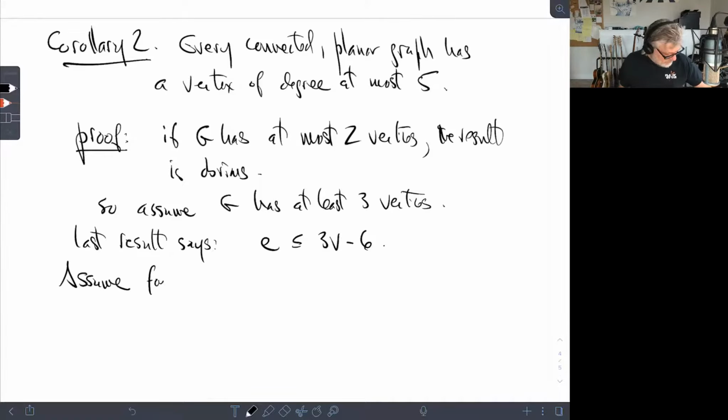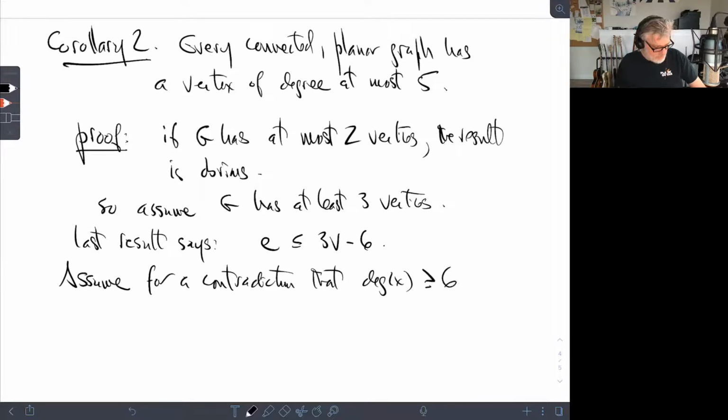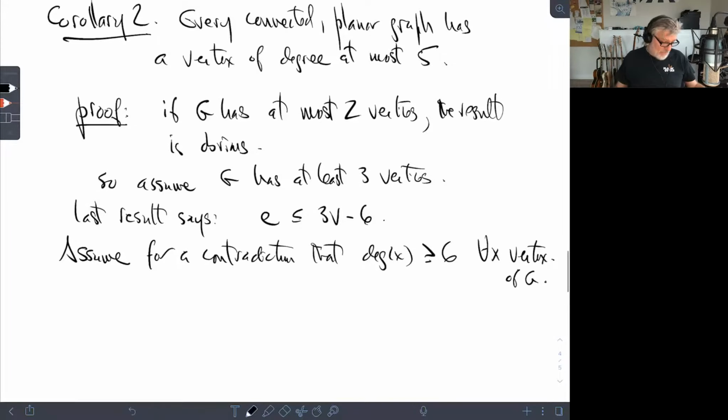Okay, so suppose for a contradiction that every vertex of our graph has degree at least 6. I'd like to combine these two things together. You might remember the handshaking lemma.